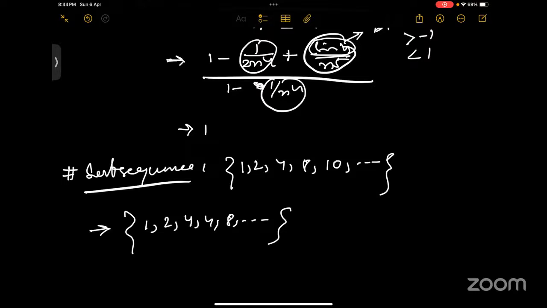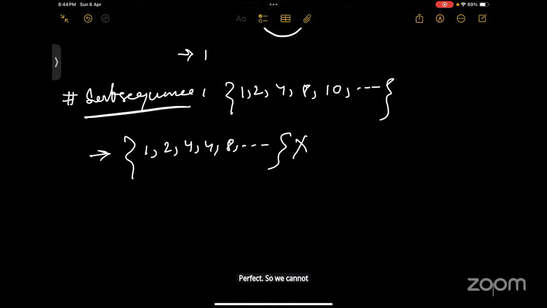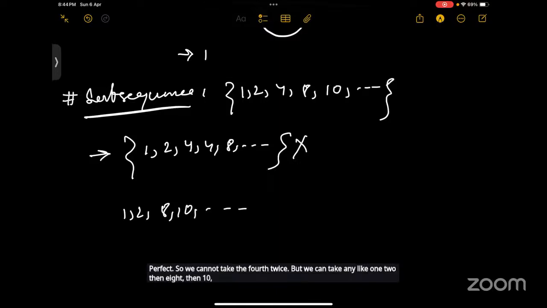No, the 4 is repeating 3 times. Correct. So we cannot take the 4 twice. But we can take any, like 1, 2, then 8, then 10, and so on. This is a subsequence, right?